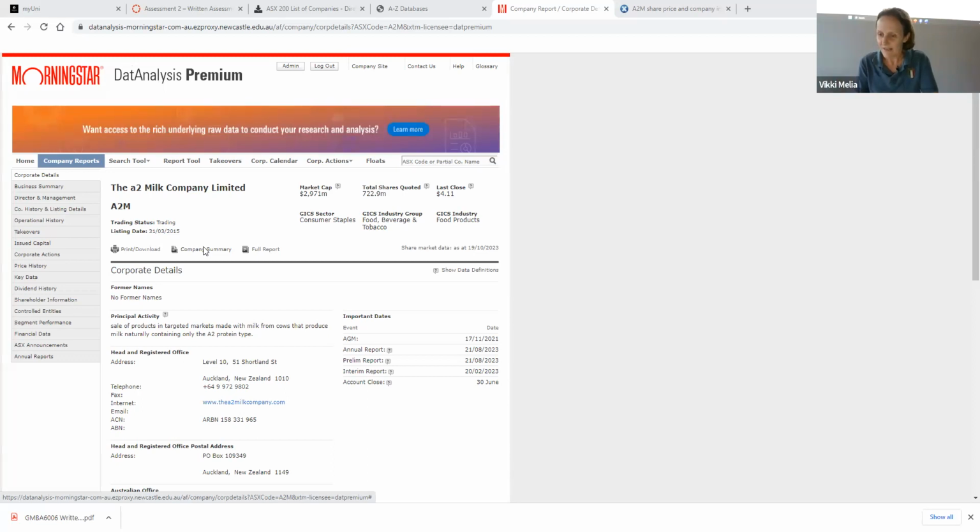Looking down, I can see things like leverage. So leverage looks at their use of debt. They've even got the debt to equity ratio in here calculated for you. They measure working capital as well, which is a measure of liquidity.